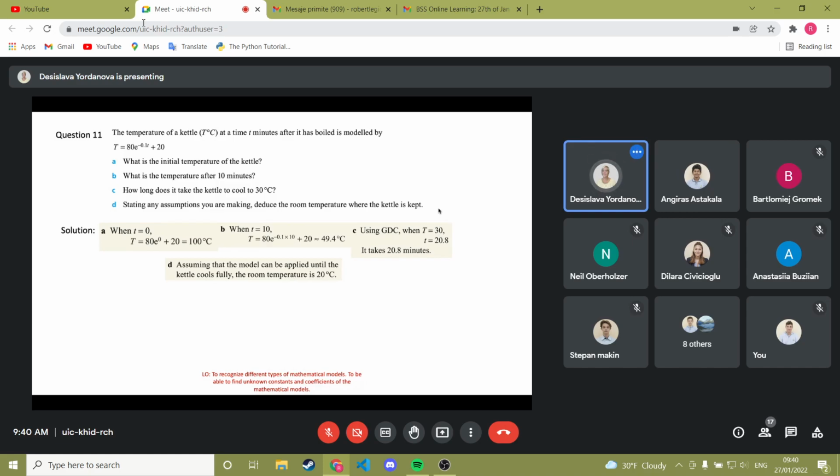And that's when the capital T approaches the horizontal asymptote. But again, this is assuming that the model can be applied until the kettle cools fully. We don't know how the material of the kettle affects the temperature and so on. But according to the model, the room temperature is approximately 20 degrees. Okay?